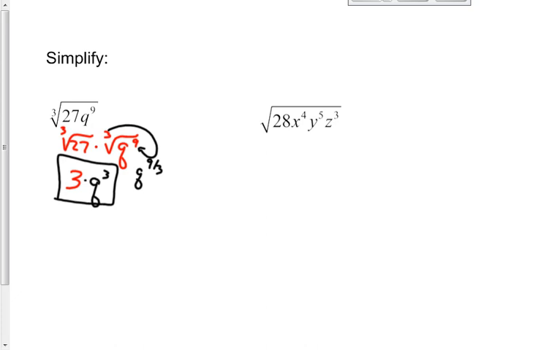Well, what happens if the index does not divide nicely with my power? And that's the case that we see right here. I'll start by doing the number, 28. Square root of 28 has a perfect square in it, 4 times 7. X to the 4th. Every even power is reducible.